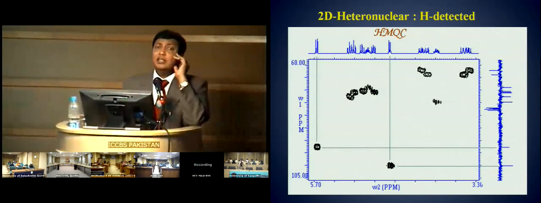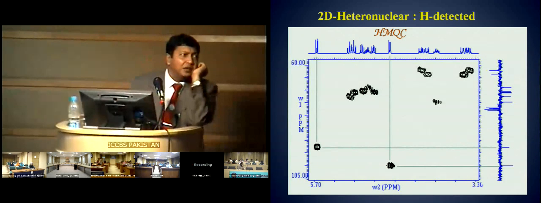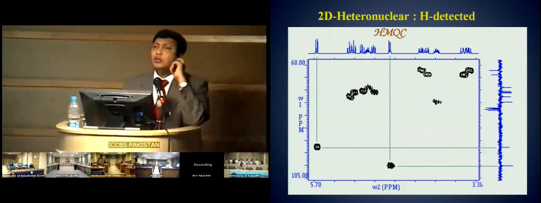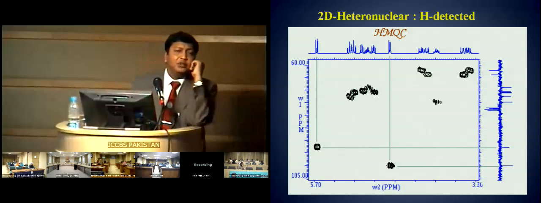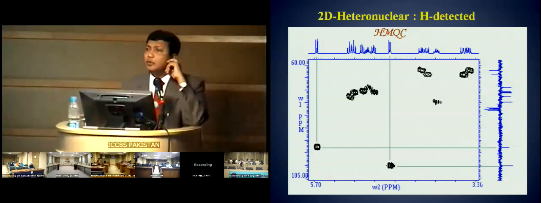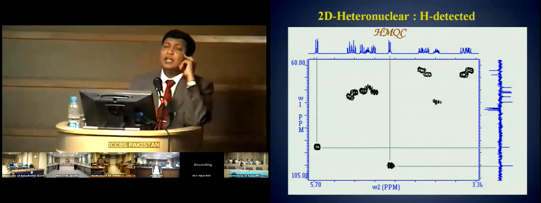What you have not done was proton-carbon coupling. None of the experiments was available in which you could see the proton-carbon coupling. This is the experiment in which you can see the carbon-proton coupling, heteronuclear coupling.